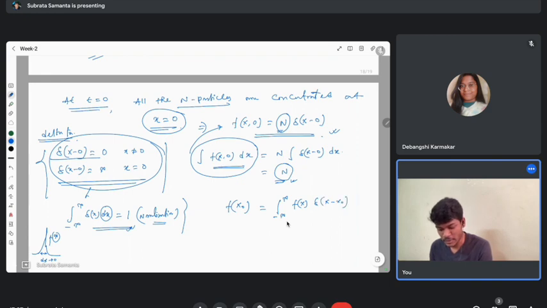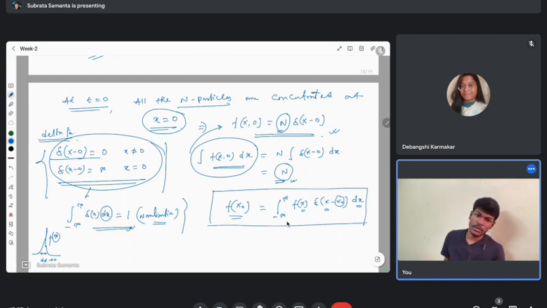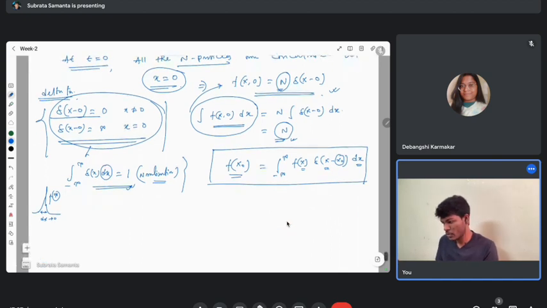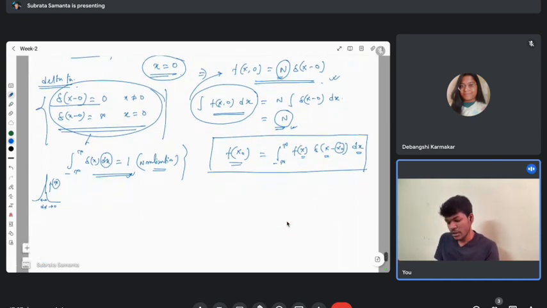This is a property: when we integrate over x, we get f at x0. This is the property of the delta function. You learn this in mathematical physics courses. So we use two things: one is the delta function concept, and another is this function.